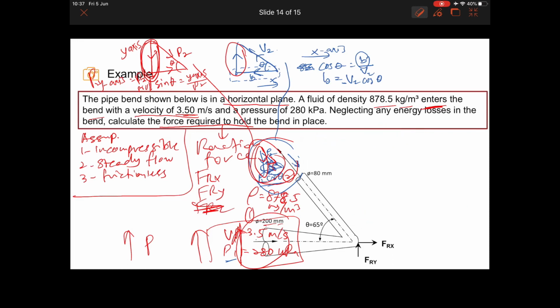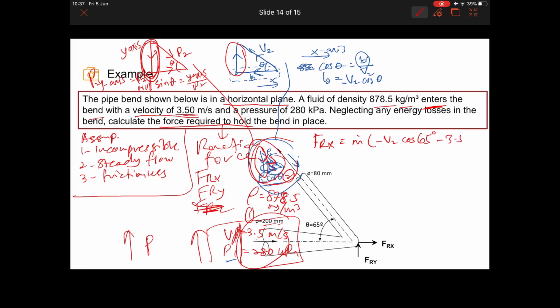Okay, we now already know the V2. Then you can have Frx equal to, as in your notes, you can just insert the V2 that you calculated. In the notes that I gave to you, they just insert everything on the diameter and the velocity 1. So you can calculate: V2 cos 65 degree minus V1.